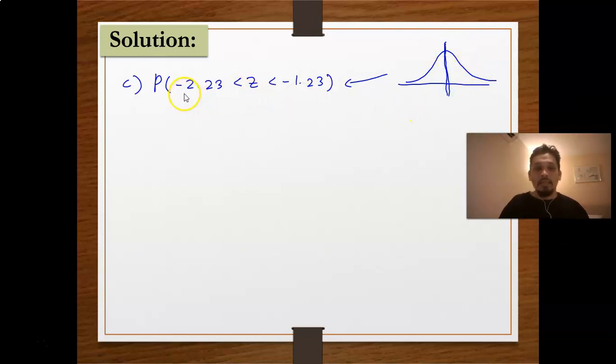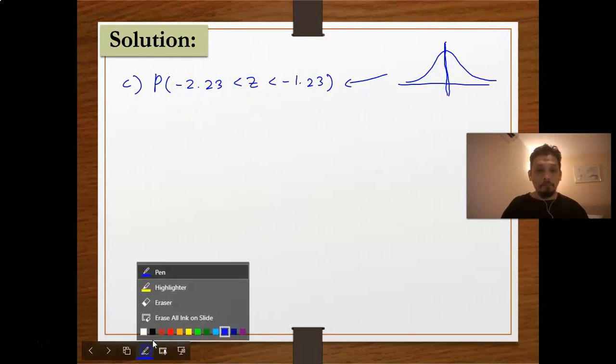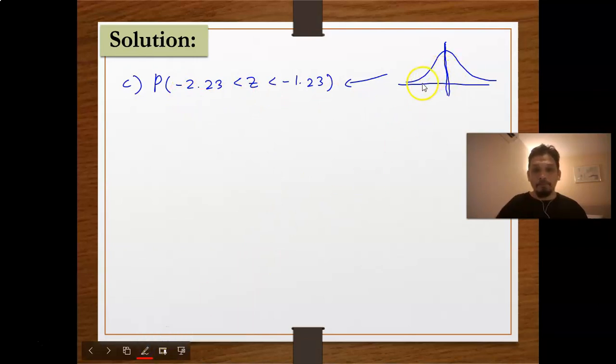Now, negative 2.23, and then negative 1.23. So this is the area on the left side.